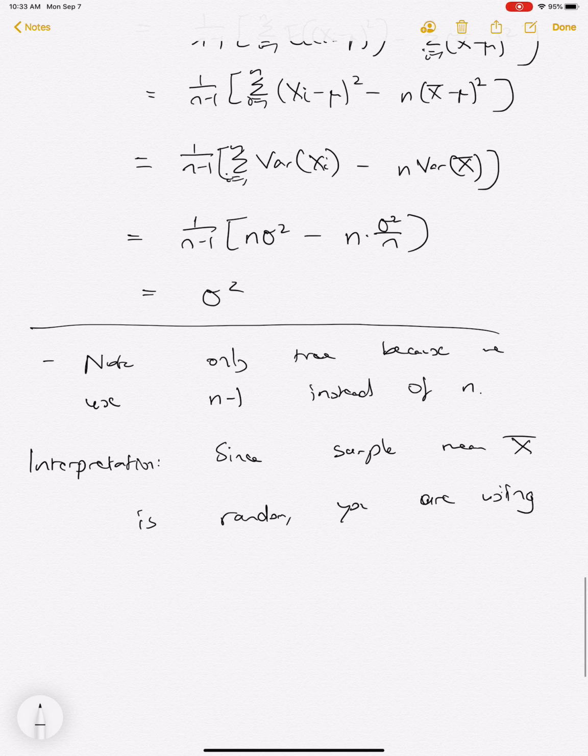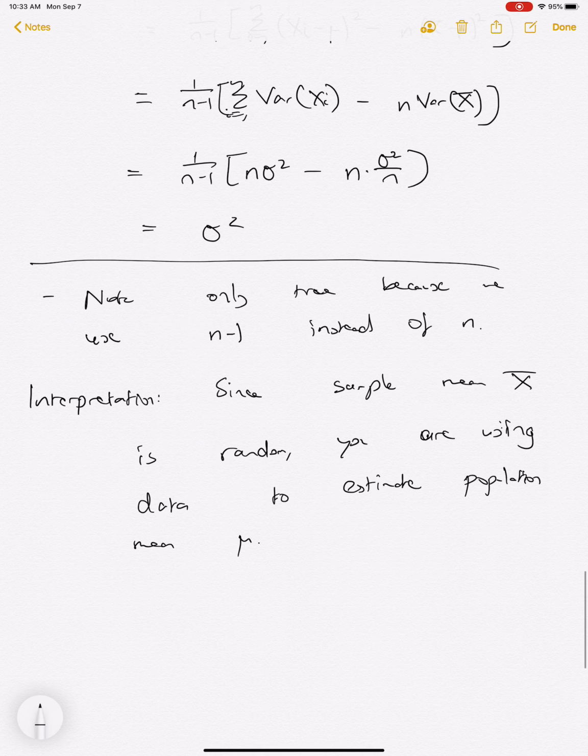you are using data to estimate the population mean mu. And so this means you lose 1 degree of freedom. We're going to see degrees of freedom come up a lot later in the course when we talk about analysis of variance, but this is one interpretation for why we have the n minus 1 here.